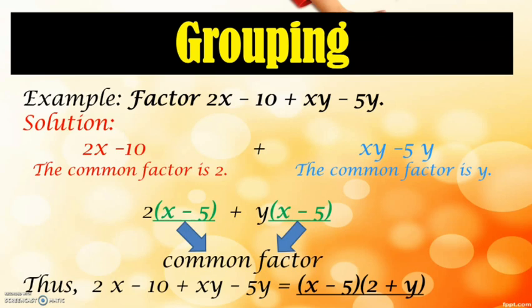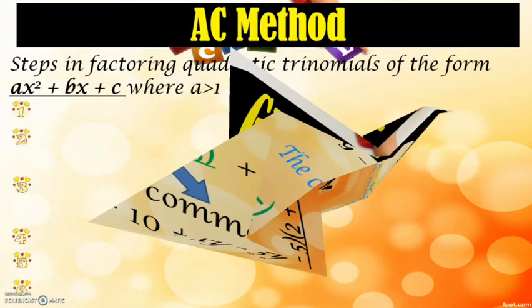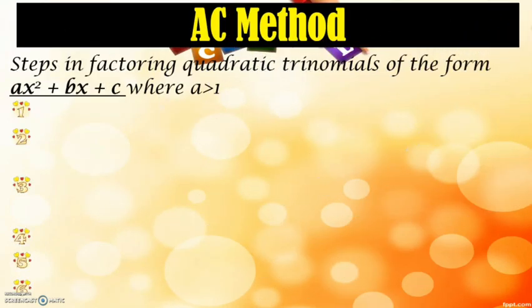Okay, so since we're done reviewing factoring by grouping, we can now go to AC method. Of course, we need to enumerate also what are the steps that we need to follow. So here are the steps in factoring quadratic trinomials of the form ax squared plus bx plus c, wherein your a is greater than 1 using AC method.